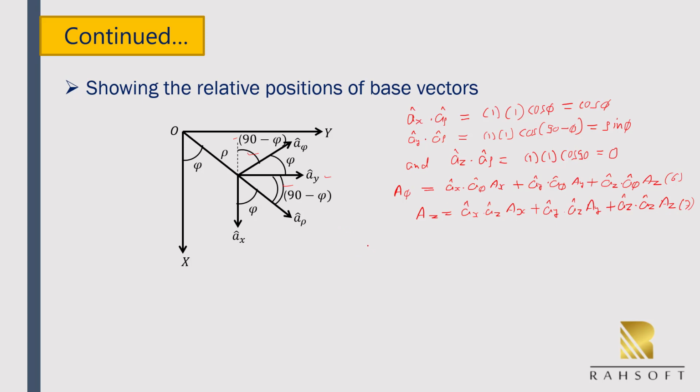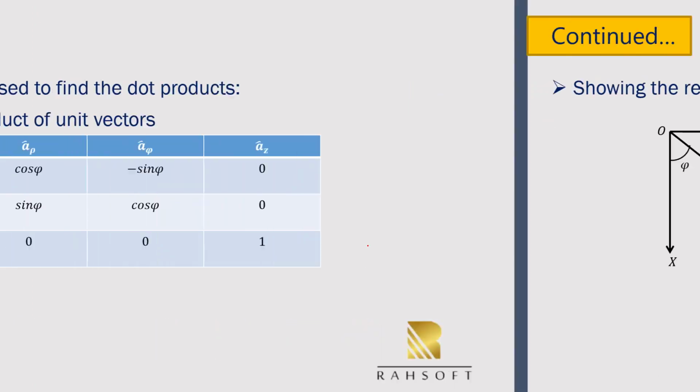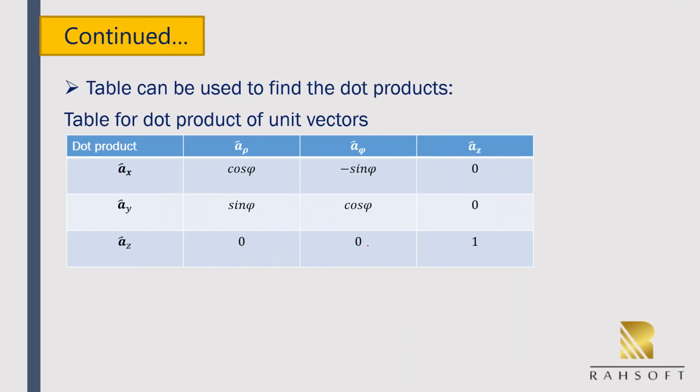So after this, the following table can be used to find the dot products. So the table for dot product of unit vectors, you can see here: unit vector ax, unit vector ay, unit vector az, and these are the unit vectors a rho, a phi and az.